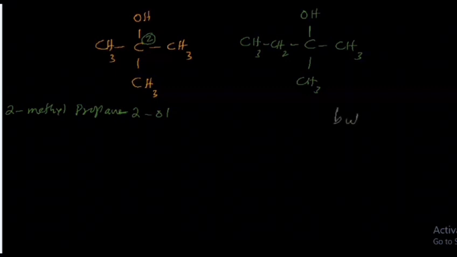So this is butane. Start numbering on either side from the branch. One, two, three, four. Now, the methyl group is present on the second carbon. The OH alcohol is present on the second carbon. So you can say that this is 2-methyl butane. Now you can skip the E. 2-methylbutane-2-ol.